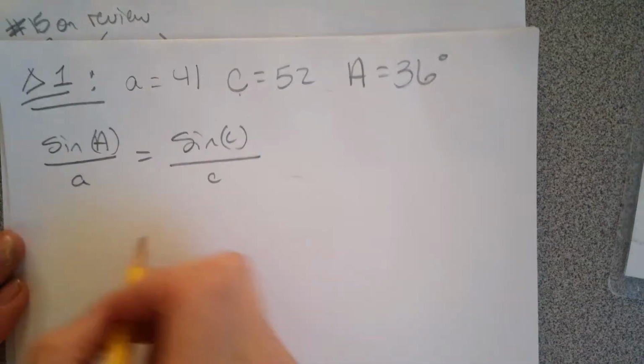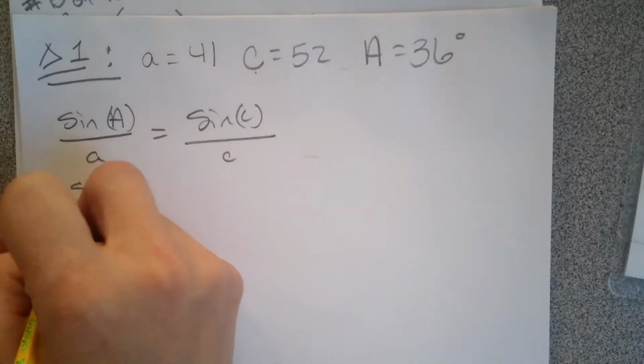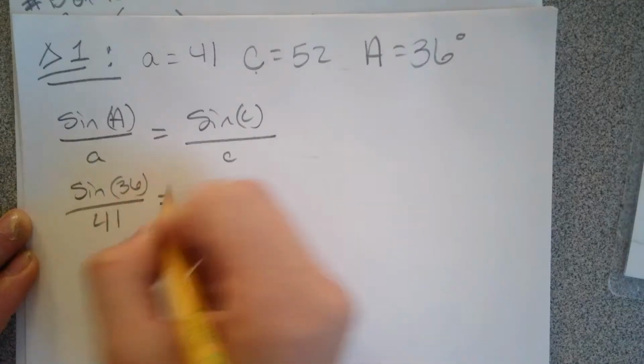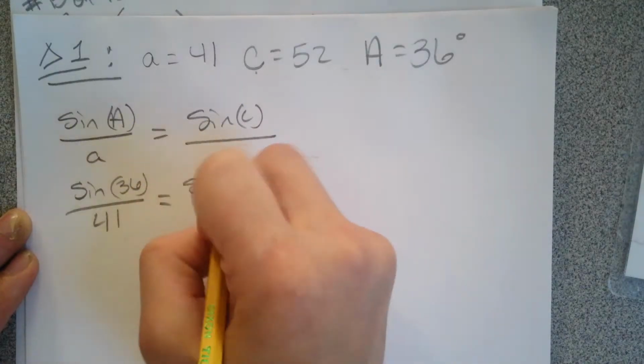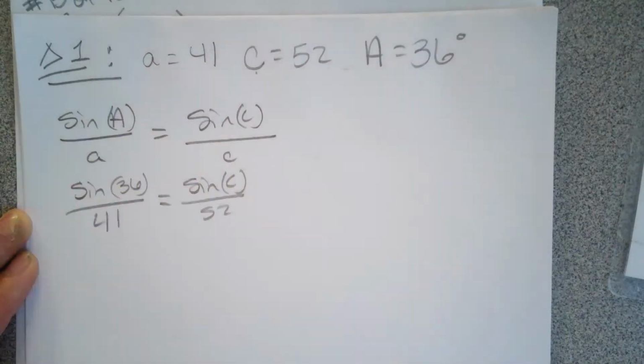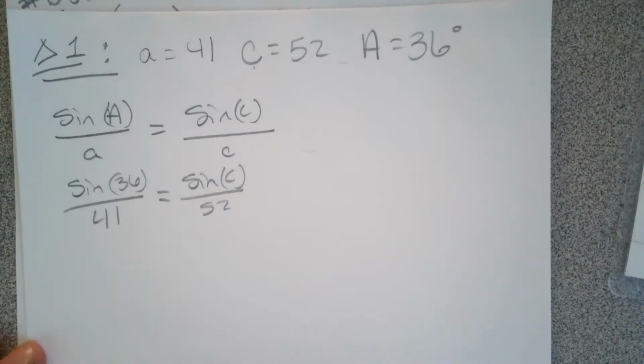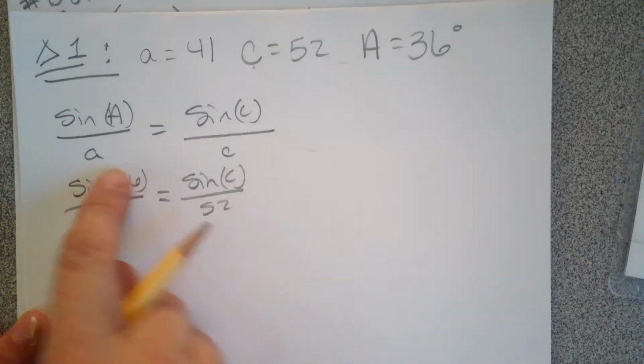All right. So what do I got? I got sine of 36 over 41 equals sine of C over 52. How do I solve this? Cross multiply, and then solve for C, right? I'm going to cross multiply.